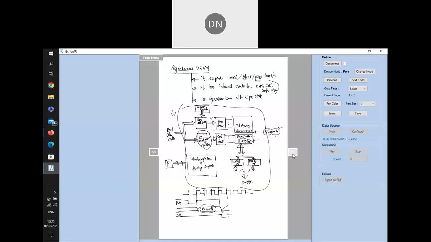For one clock cycle the column address will be placed. The row address available here was generated when RAS was there, and it carries the row address. After that it will be empty. Then wherever the CAS is generated, we generate the column address, and it will be there.